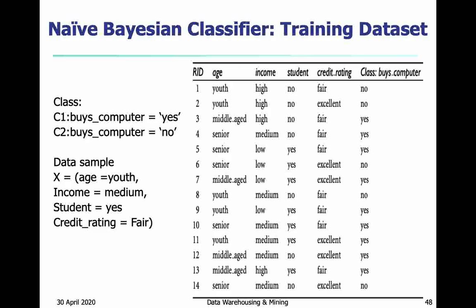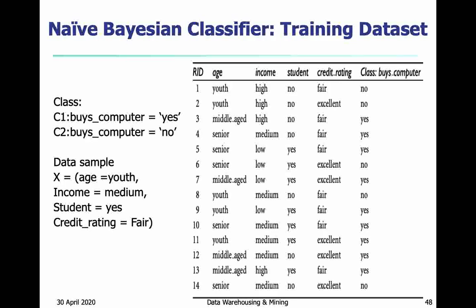Two class levels are there, this is yes and no. We have taken that data sample, and we wish to classify X, where age is youth, income is medium, student is yes, and credit rating is fair. So we will classify this tuple.